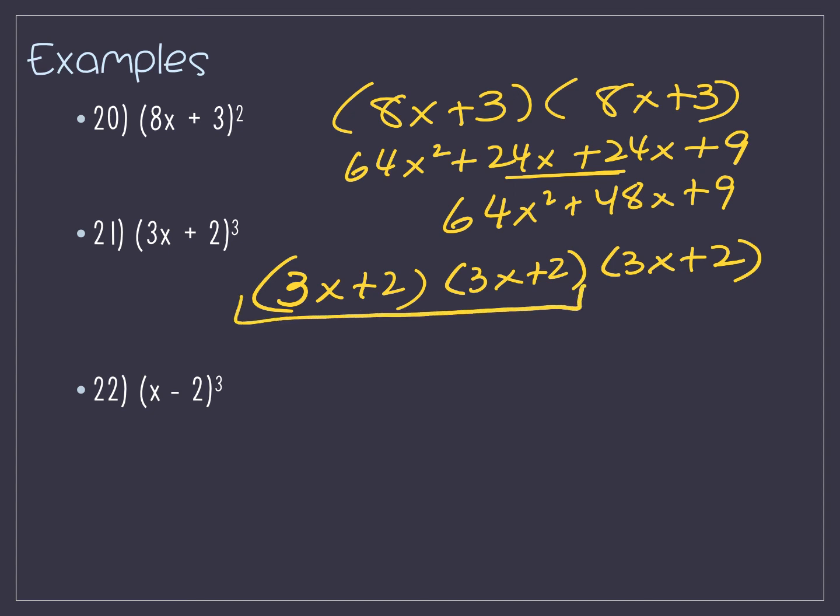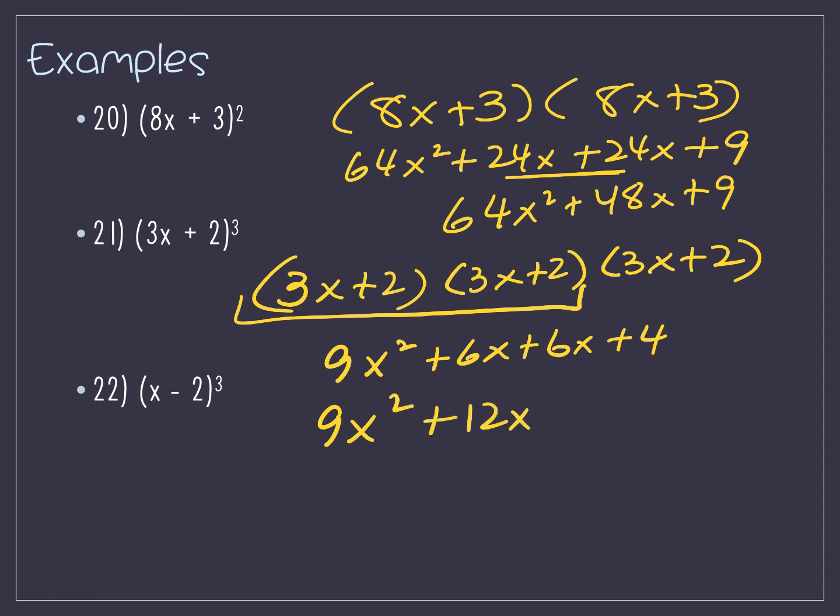I'm going to FOIL them. This is going to give me 3 times 3 is 9x squared plus 6x plus 6x plus 4. Add the middles. And now I've taken care of these two.